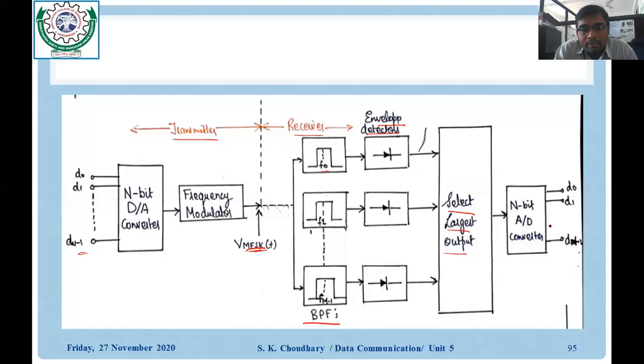Finally the largest output is selected through the decision device, and this is fed to the n bit A to D converter, and finally we receive back the n bit digital data that we used in the transmitter section.